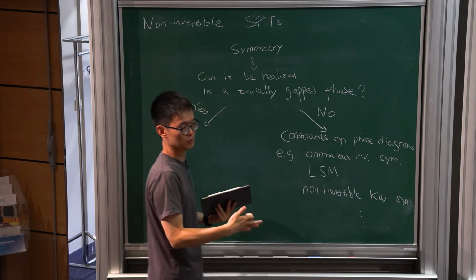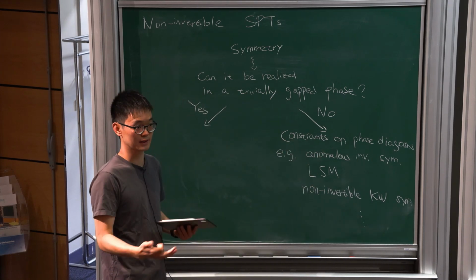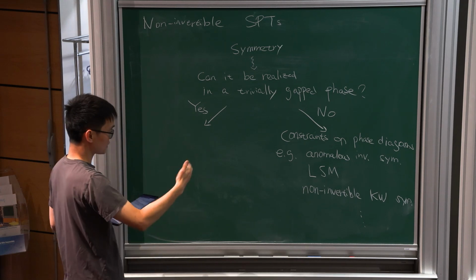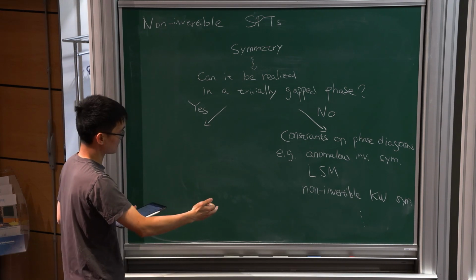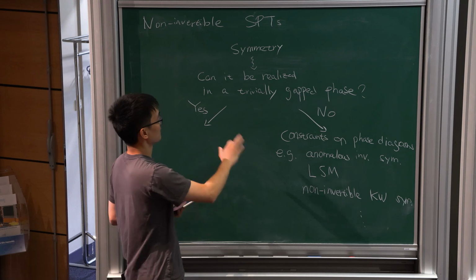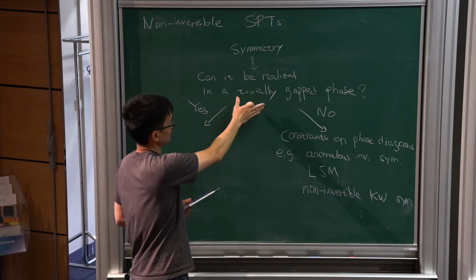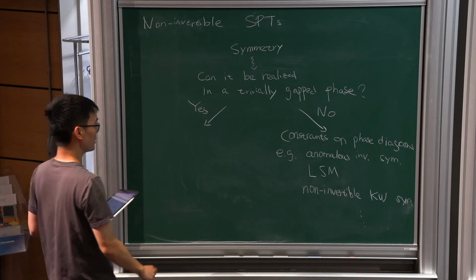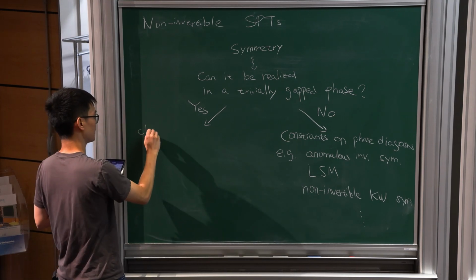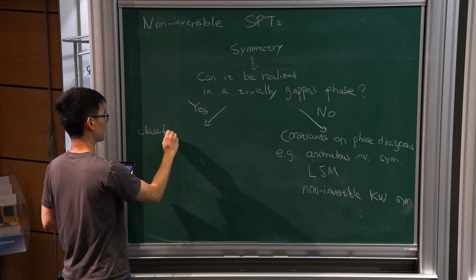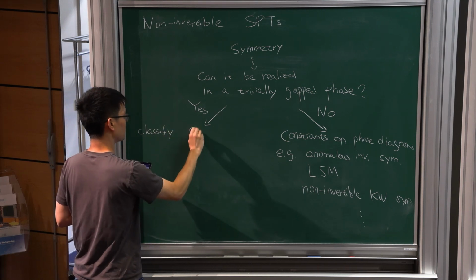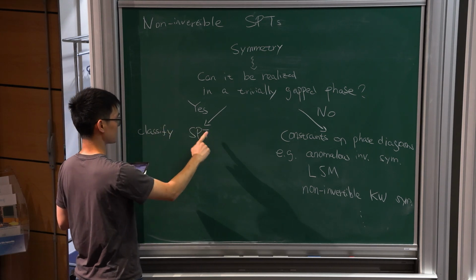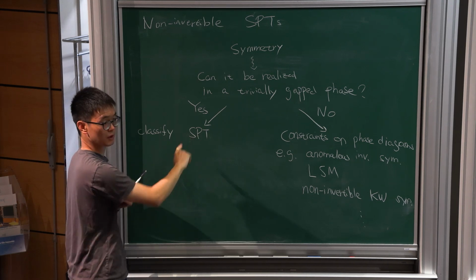I mean, it still leads to constraints on correlation functions, for example. But as far as the phase diagram is concerned, it doesn't lead to an interesting constraint. It's already compatible with the trivially gapped phase. But then the question you can ask is, can you classify all the topological phases protected by this very symmetry?